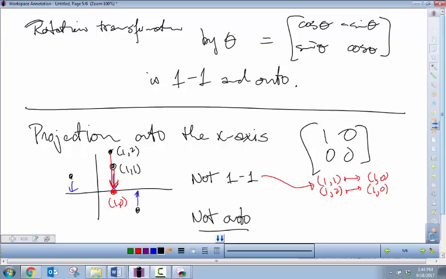Anything with a y component not equal to 0, right? So (3, 1) is in R2, but not in the range.